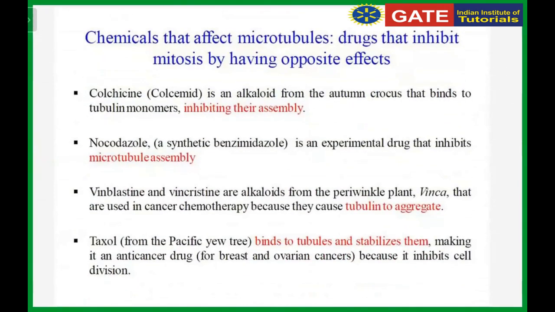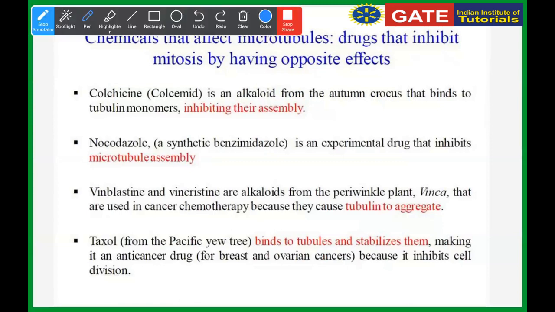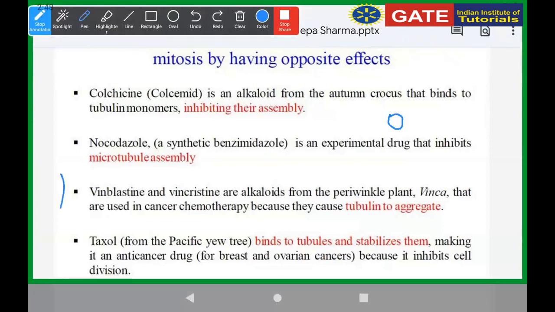Next, the functions of microtubules and motor proteins are regulated by some chemicals. Colchicine, an alkaloid, inhibits the assembly of the tubulin subunits. Tubulin subunits need to join like this, but this assembly is inhibited by this alkaloid.